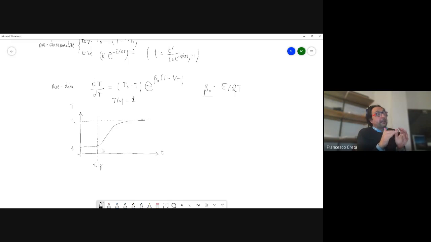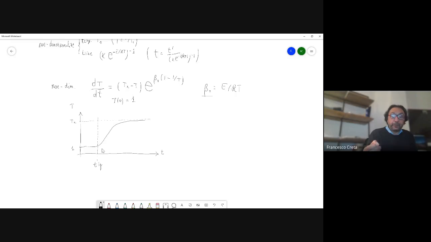But as soon as the temperature increases, because it will eventually increase, because the reactions, even if they're slow, are going on, so there is a production of heat. At some point, as you increase the temperature, the rate of reaction feeds back, and it's faster and faster and faster until you have an ignition.